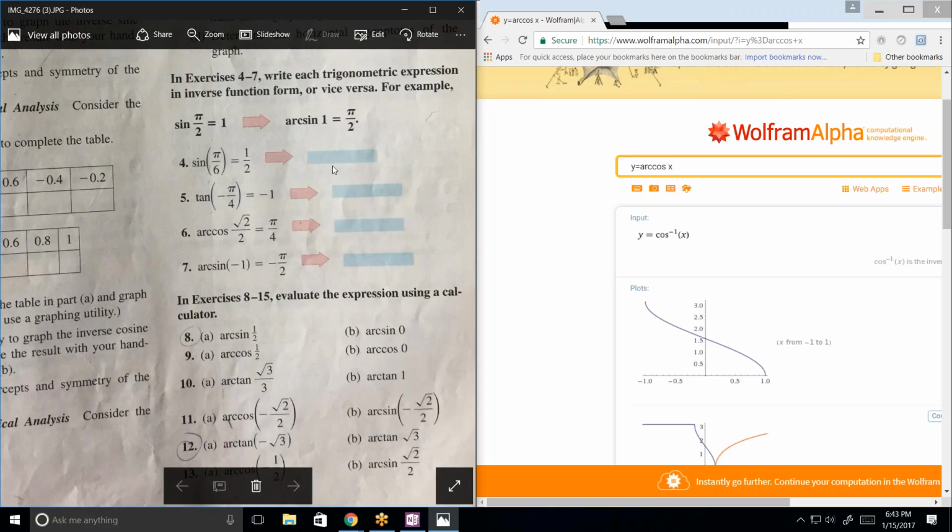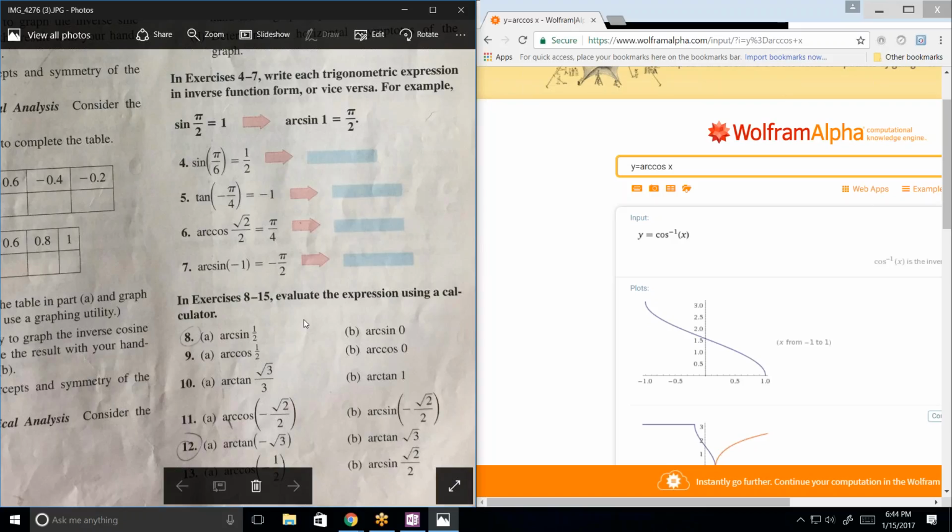Look at their example. The inverse of sine, or arcsine, would be arcsine of 1/2 equals pi over 6. Good. And number 5. Arctan of -1 equals negative pi over 4. And 6. Cosine of pi over 4 equals square root of 2 over 2. Good. And 7. Sine of negative pi over 2 equals -1. Okay, good.